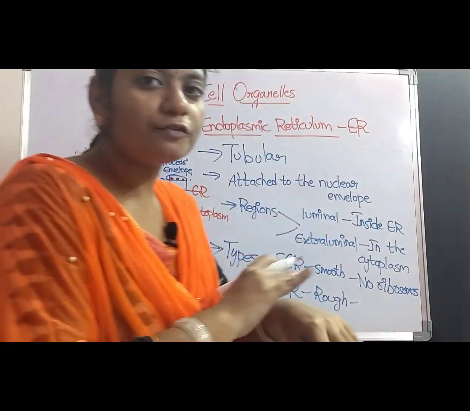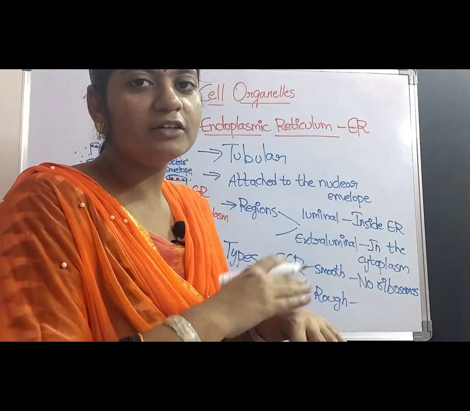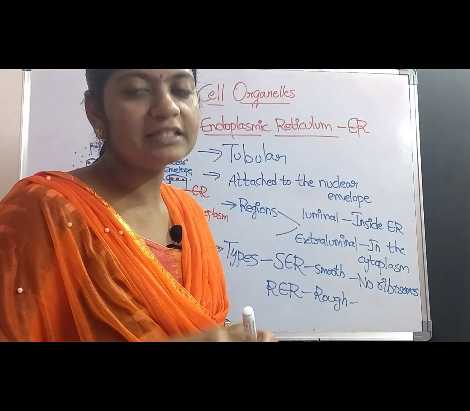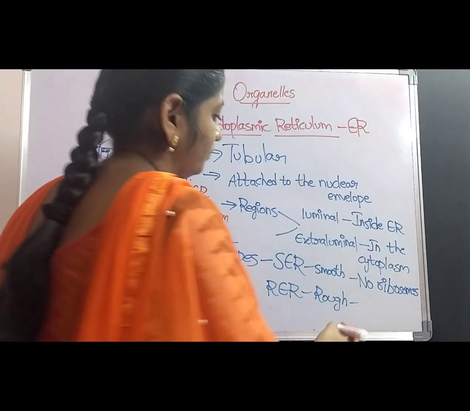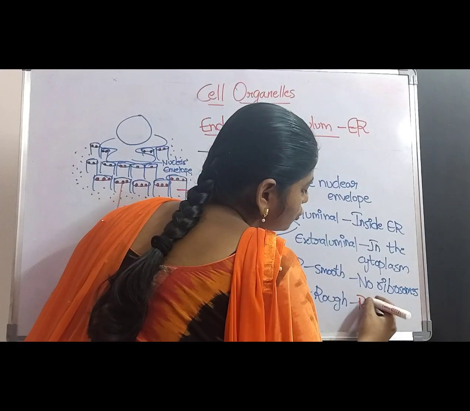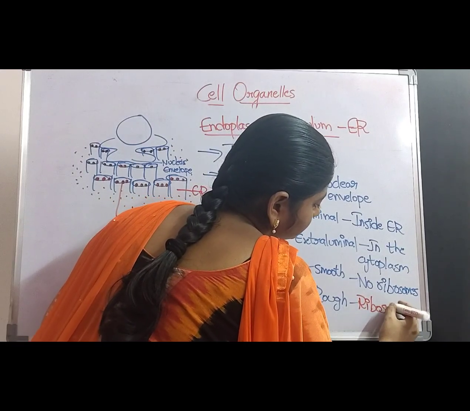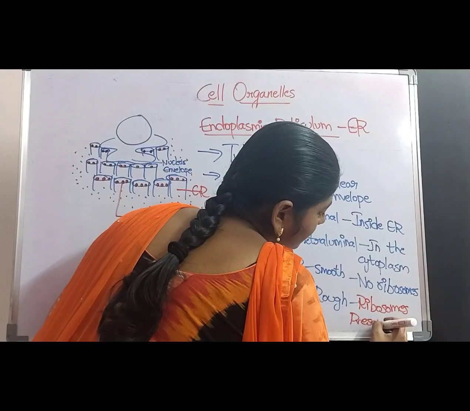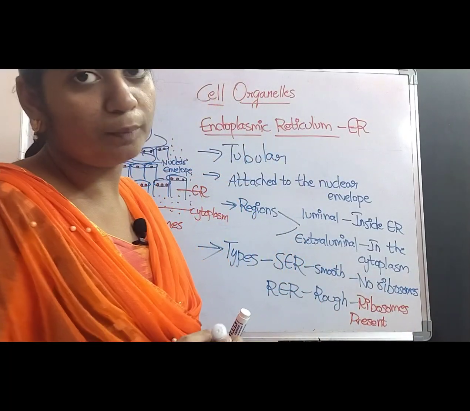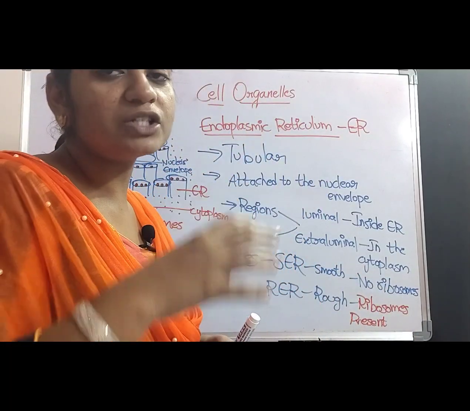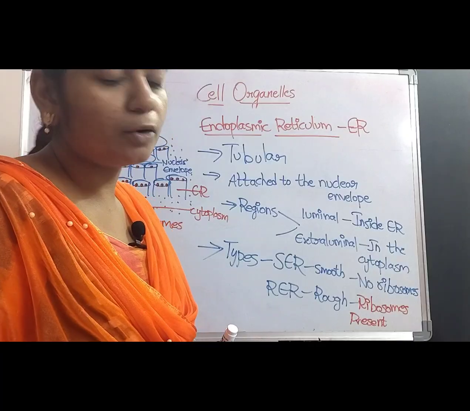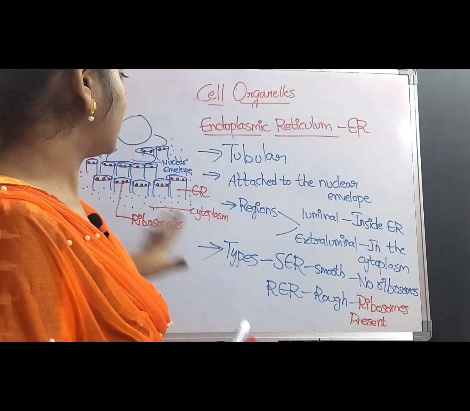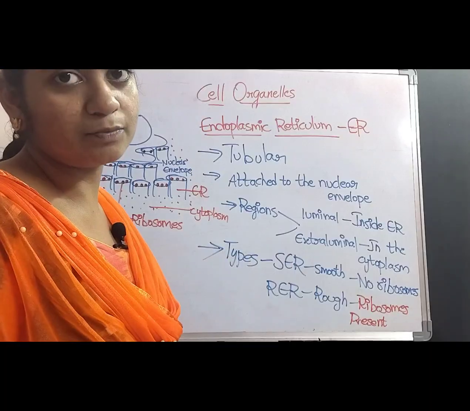If the surface of the endoplasmic reticulum is covered with ribosomes, then it is named rough endoplasmic reticulum. So here ribosomes are present. Where are the ribosomes present? The ribosomes are present on the surface of the endoplasmic reticulum. Then that type of endoplasmic reticulum is called RER, meaning rough endoplasmic reticulum. So this is the complete structure of the endoplasmic reticulum.